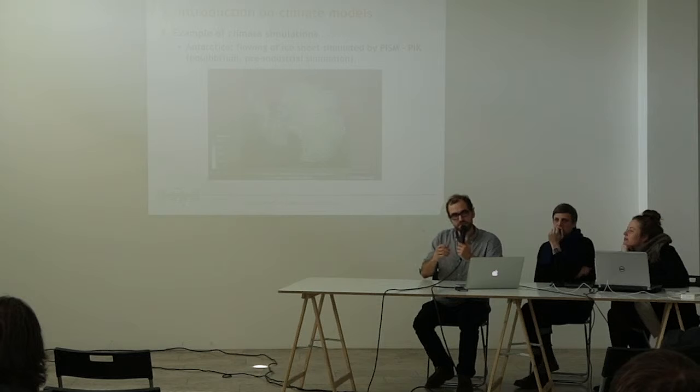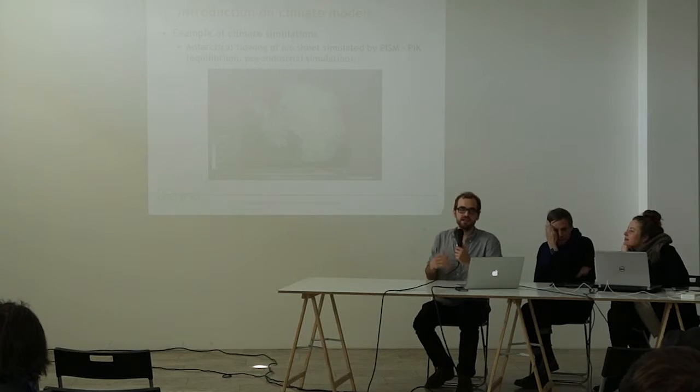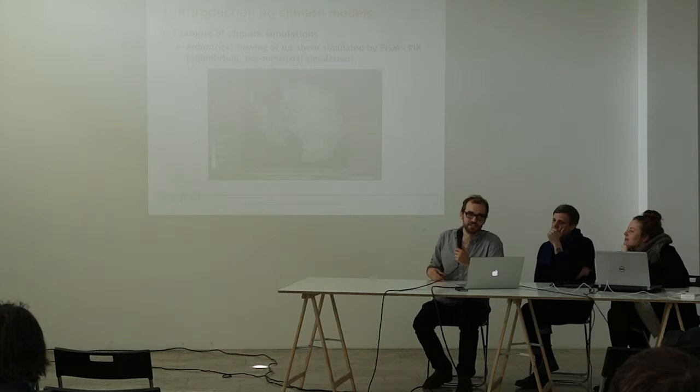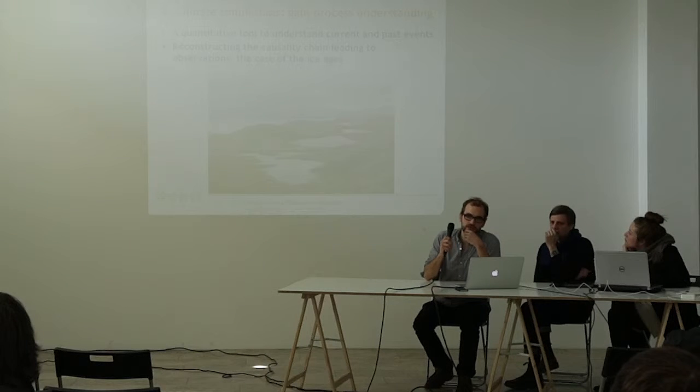You have processes that are based on something and not just taken from the air, but you still have control over what you put in there. There are still all these choices, and there's always this question: do we have enough to represent what we are interested in simulating? Of course, you want to simulate sea level rise. Well, you'd better have the melting at the shelves, otherwise it's not very useful. That was one point.